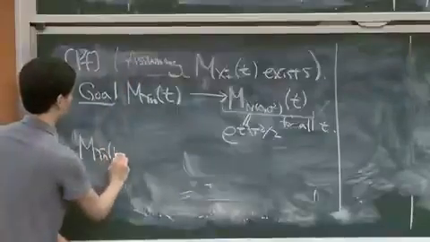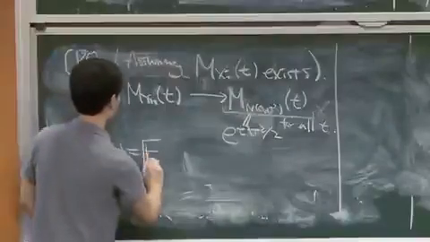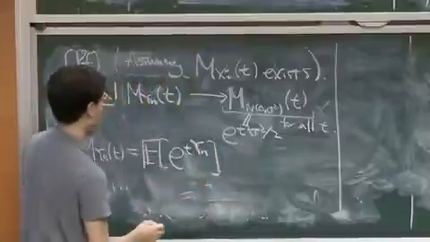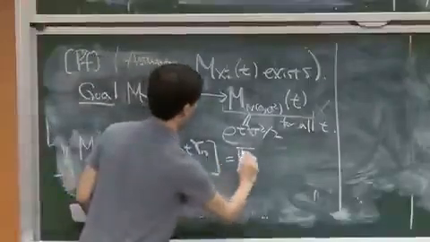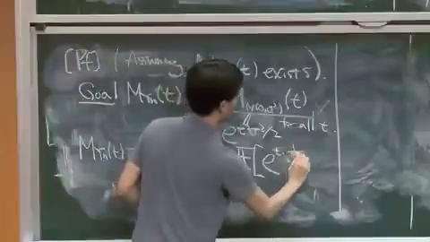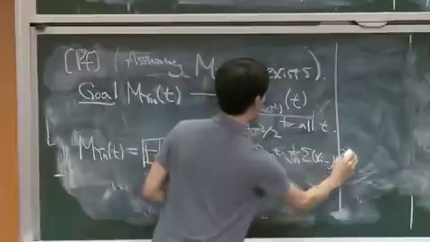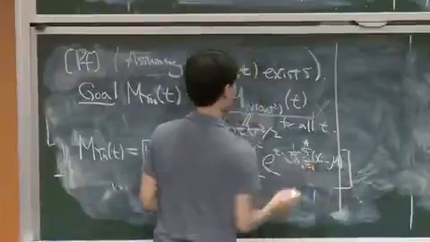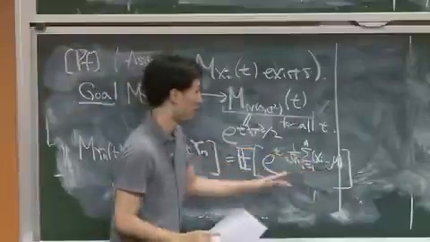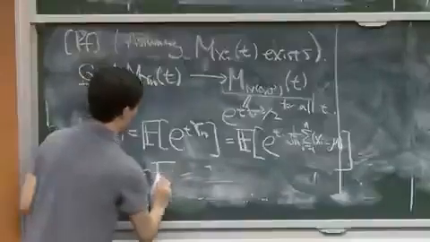Moment-generating function of Yn is equal to the expectation of e to the t Yn, which is e to the t times 1 over square root n times the sum of Xi minus mu.